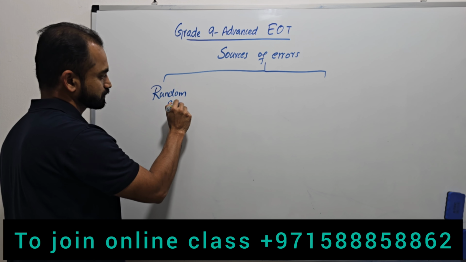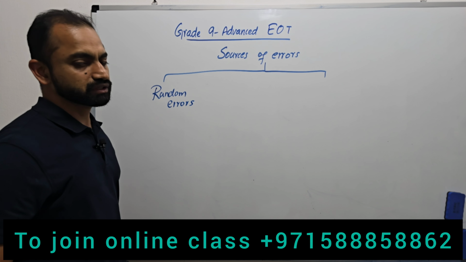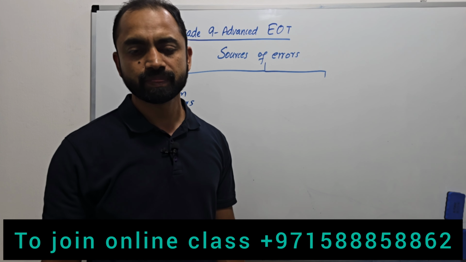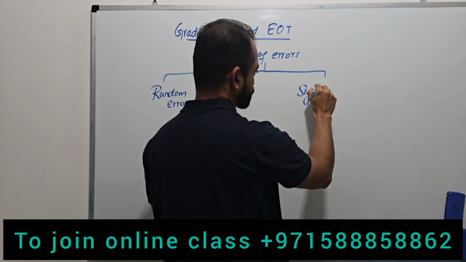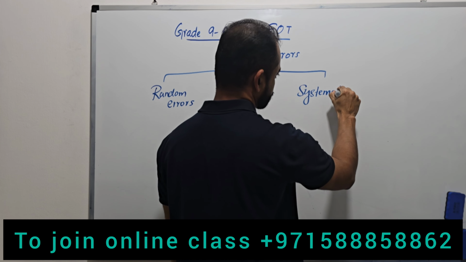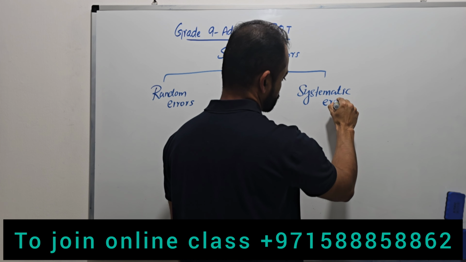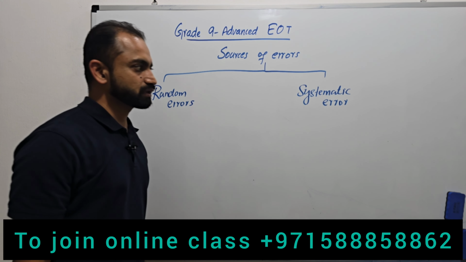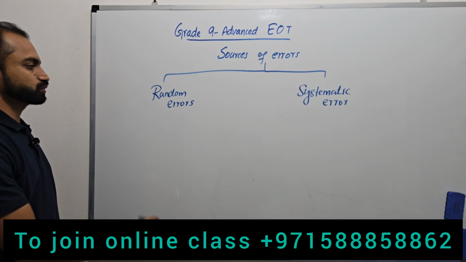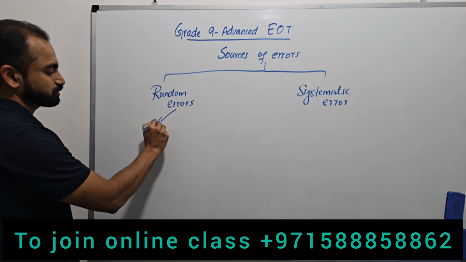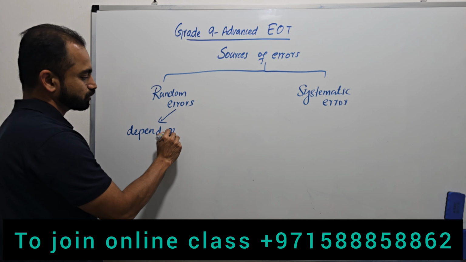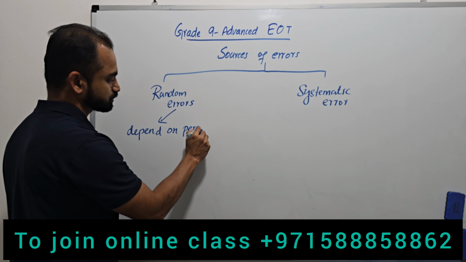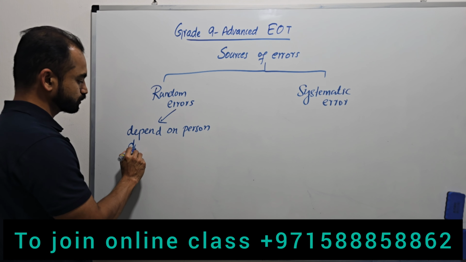Random errors. And what is the second type? Systematic error. Random error depends on what? Random error depends on the person doing the experiment.